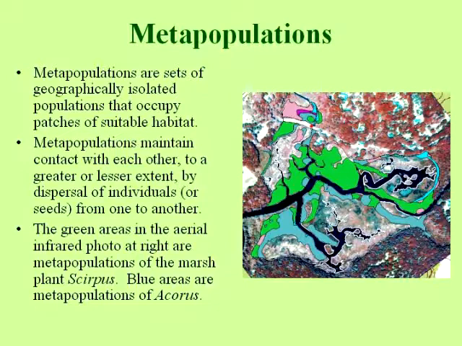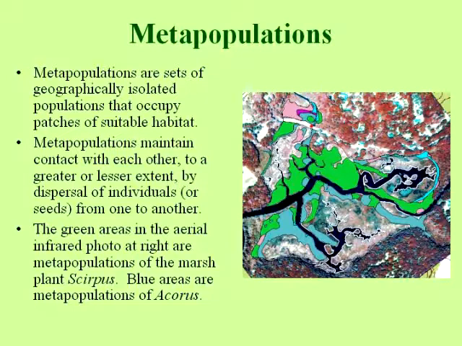So on this image here, we again see an aerial infrared image upon which plant communities have been mapped. And in this case, the green areas refer to a kind of marsh plant called Scirpus, and the blue areas correspond to a marsh plant called Acorus.